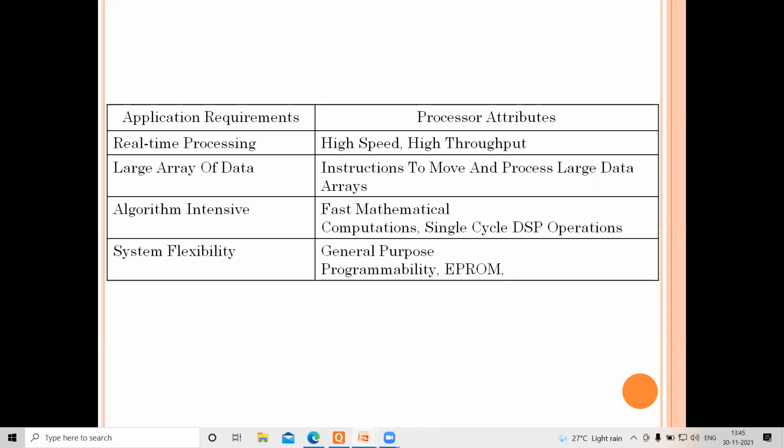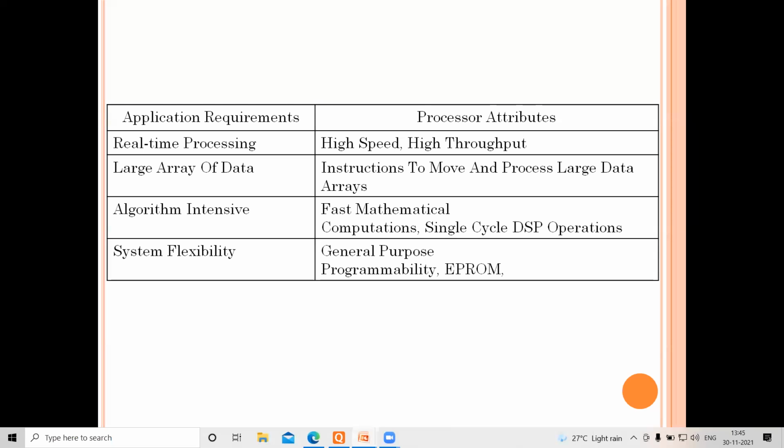The other attributes: talk of any application, there are certain important application requirements and processor attributes, because your processor speed would be very, very important. You're talking of i6 computers, i7, and versions of that. Why are you going for that?